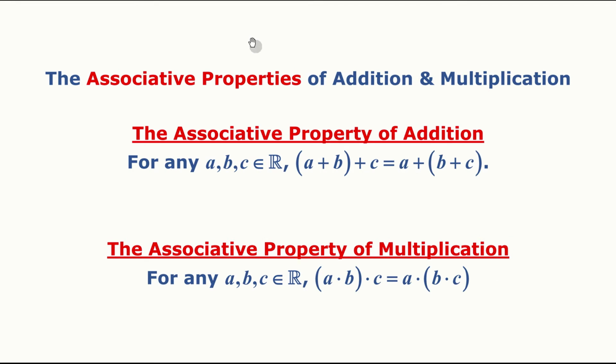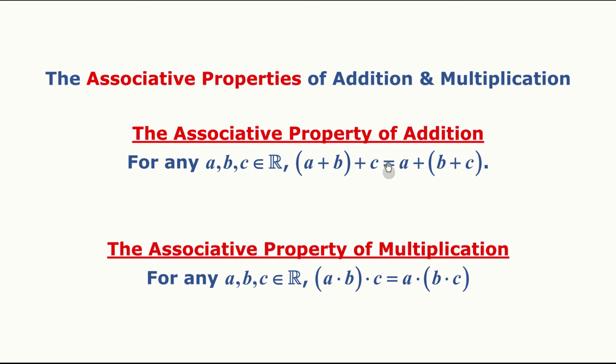The associative properties of addition and multiplication tell us how to deal with situations where we have more than 2 items being added or multiplied. So basically what they end up telling us is that, look, if you're adding 3 numbers, it doesn't matter if you add the first 2 and then take that result and add the third one, or if you add the last two and then take that result and add it to the first one, you'll get the same thing.